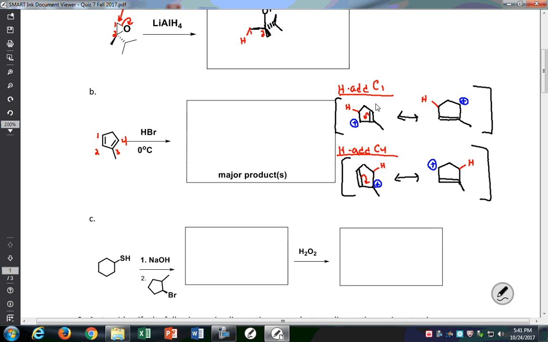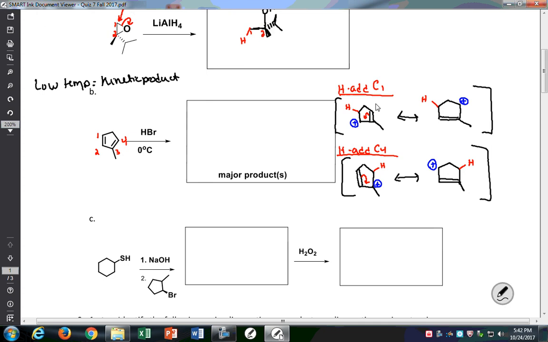However, the conditions are specified, and they're specified as 0 degrees Celsius. So that means that we're only going to be able to get over the lowest activation energy. So this low temp is going to be our kinetic product, the product from our lowest energy intermediate. We have carbocations, so basically it's going to be the product from our most stable carbocation.